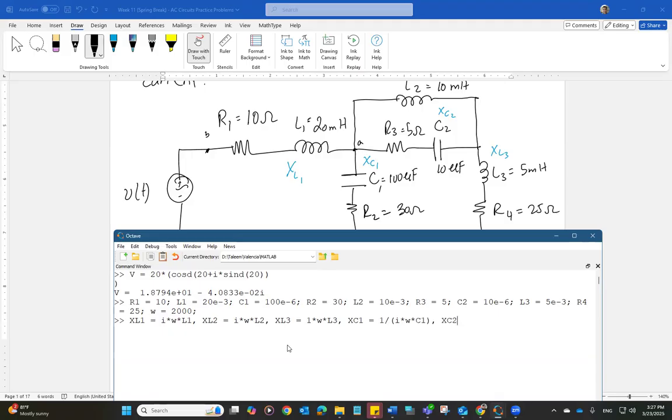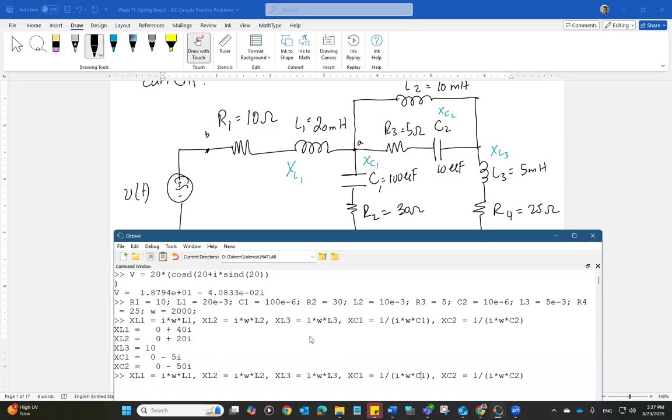And XC2 is 1 divided by j times omega times C2. I think we don't have C3. So these are all of my values of XL1, XL2, XL3. Oh, XL3, I put 1 instead of j, so let me go ahead and fix that.